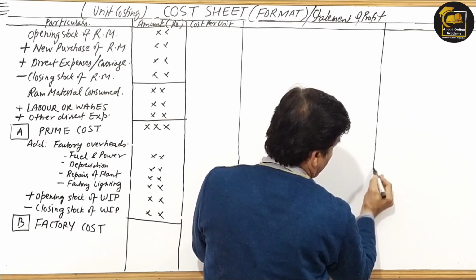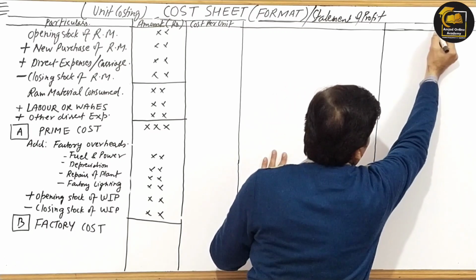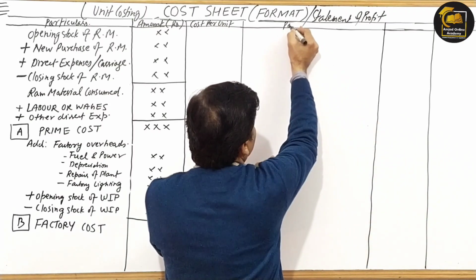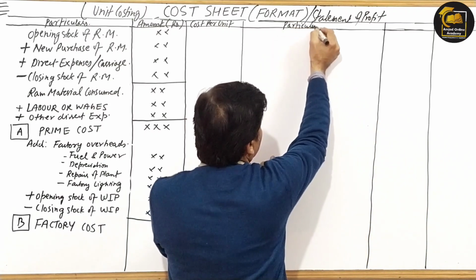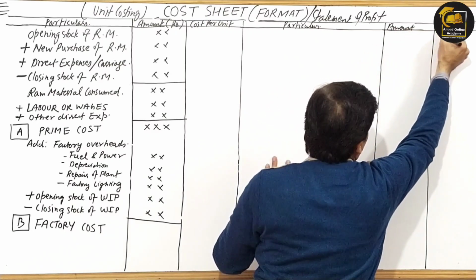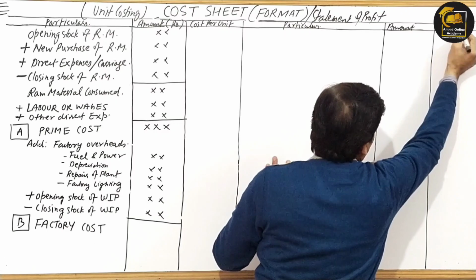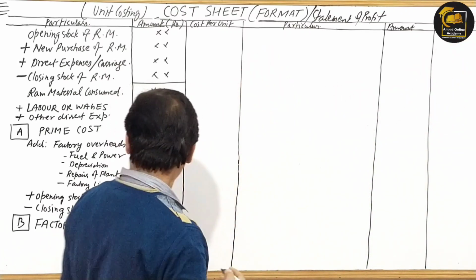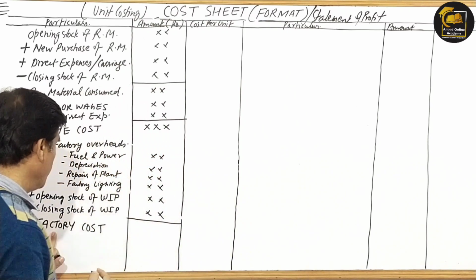Same 2 columns, again the particulars, again the amount and cost per unit. Cost per unit. All right, the cost per unit. In the continuation here, listen, do not be confused.